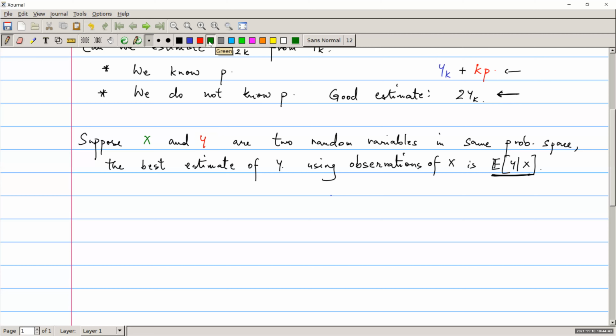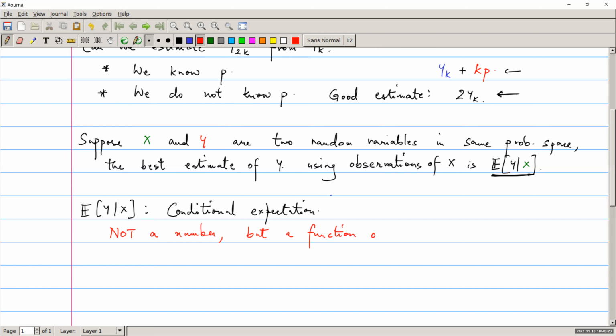Expectation of Y is a fixed number, but this particular quantity is a function of X. Expectation of Y given X, which we call conditional expectation, is not a number.